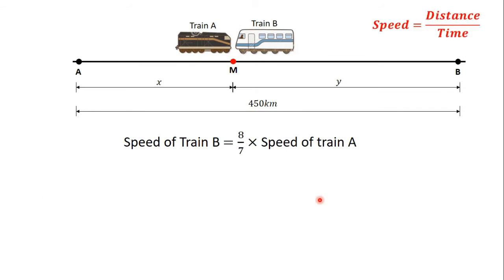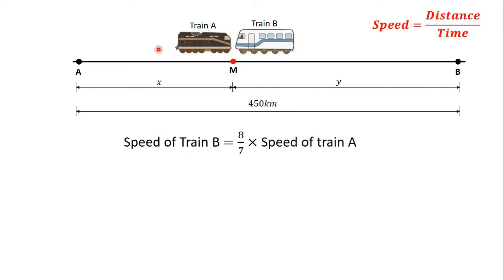We have learnt that speed is equal to distance divided by time. So the speed of train A will be equal to the distance covered by train A divided by the time taken to cover that distance. And likewise, the speed of train B will be the distance covered by train B divided by the time taken to cover that distance.